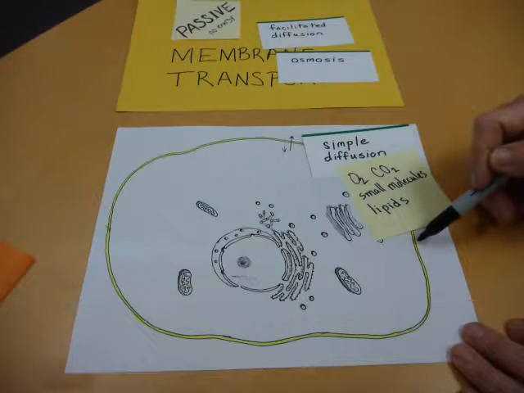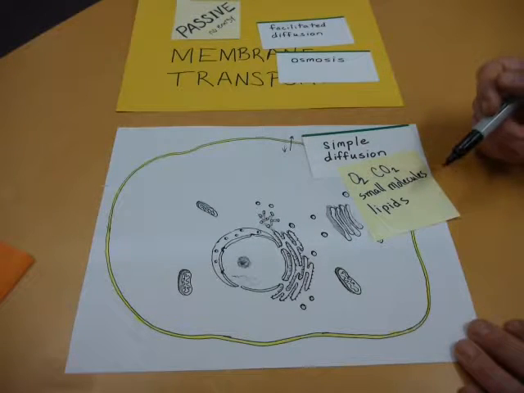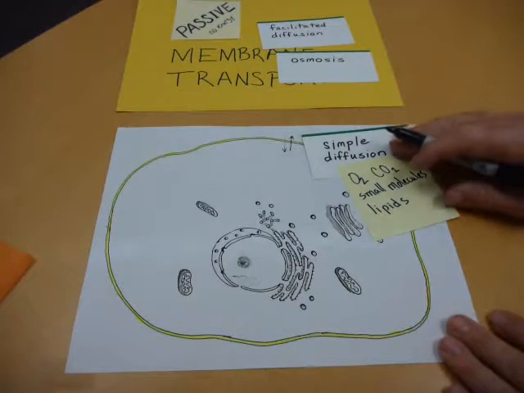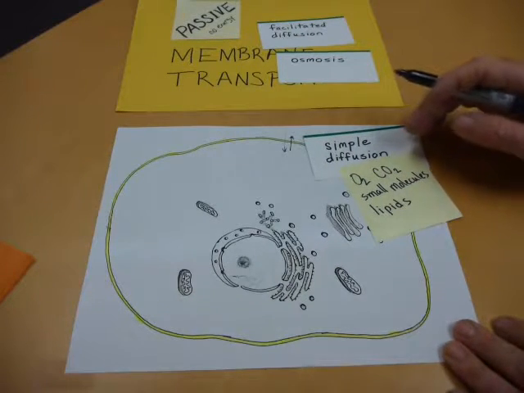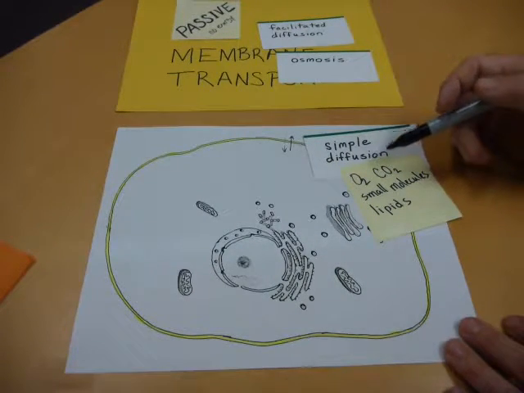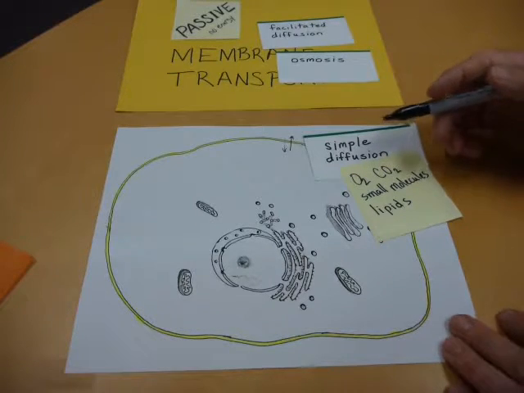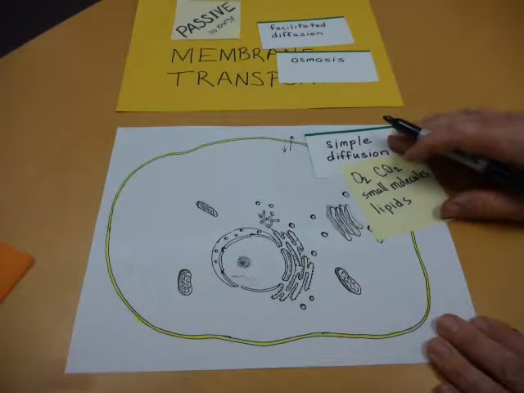Since the membrane is made of lipids, then it makes sense that lipids could move freely in and out. Diffusion simply means that they move down their concentration gradient. Essentially, they spread out. So that's simple diffusion.